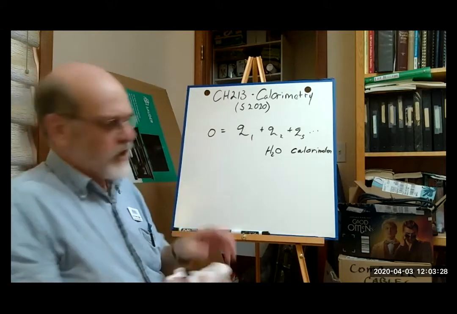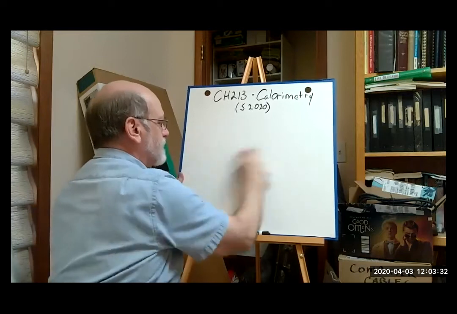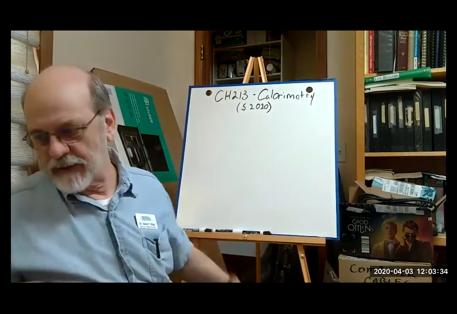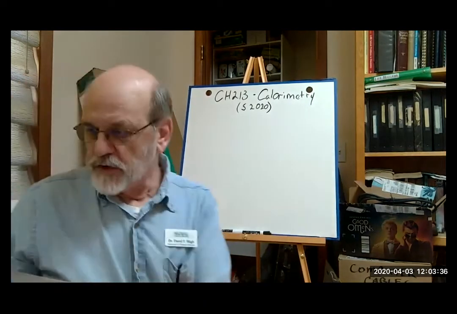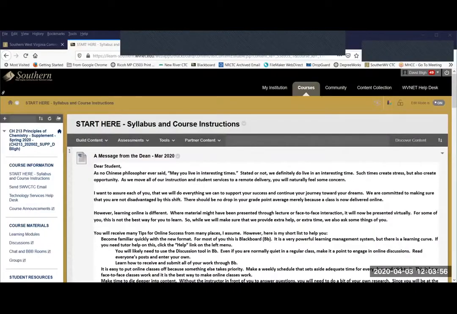Let's go to the document itself and work through the experiment. All right. When you go to Blackboard, you will find the document, and I'm going to share the screen and show you where that is in Blackboard, just so that there is no misunderstanding. So I'm going to share the Blackboard screen here. Okay, there's our course in Blackboard.